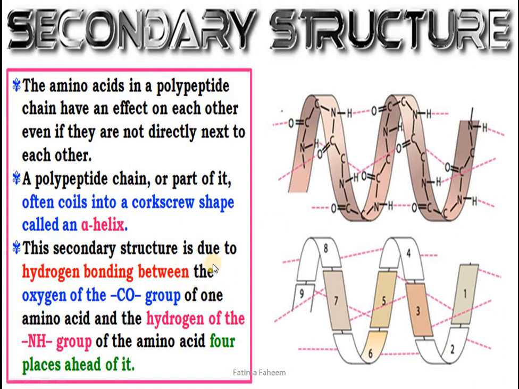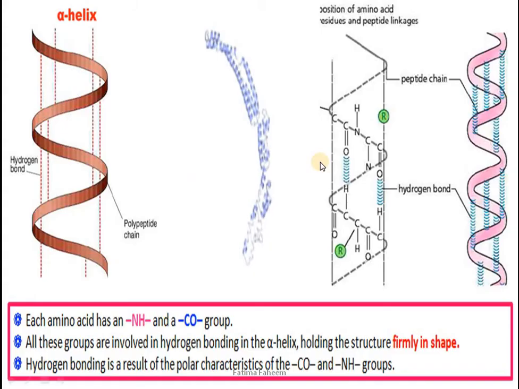This secondary structure is due to hydrogen bonding between the oxygen of the CO group of one amino acid and the hydrogen of the NH group of another amino acid, which is 4 places ahead of it. So the interaction is between the oxygen and hydrogen atoms of amino acids 4 places apart.